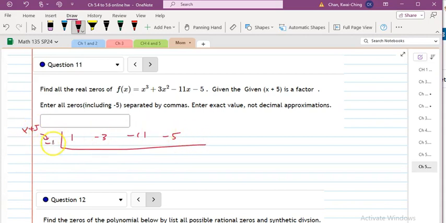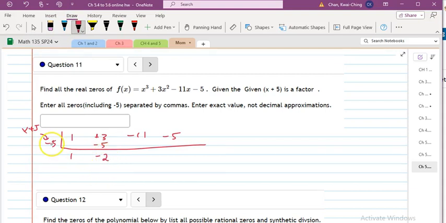This would be negative 5, right? 1 times negative 5 is negative 5. Add them is negative 8. Oh, this is a positive 3, so this would be a negative 2. Sorry, I have a typo there. This would be negative 2.